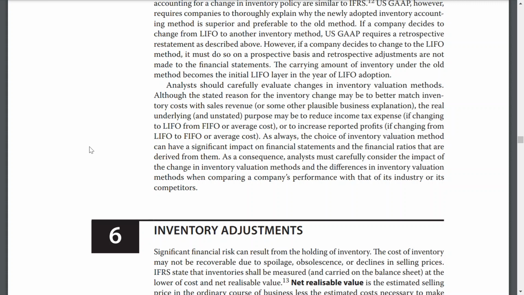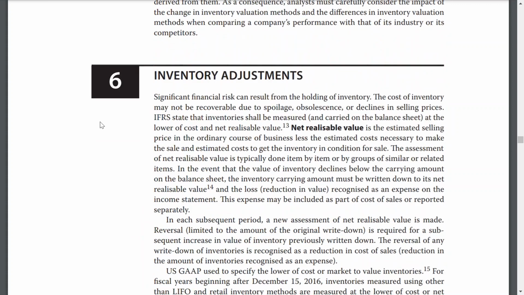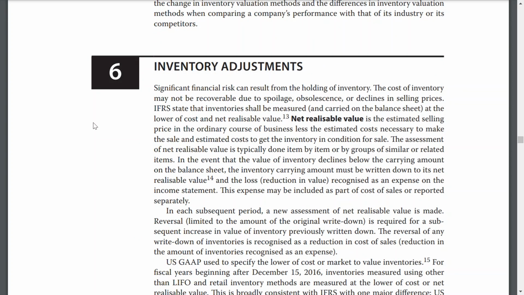Inventory adjustments. Significant financial risks can result from holdings of inventory. The cost of inventory may not be recoverable due to spoilage, obsolescence, or decline in selling prices. IFRS states that inventories shall be measured and carried on the balance sheet at the lower of cost and net realizable value.